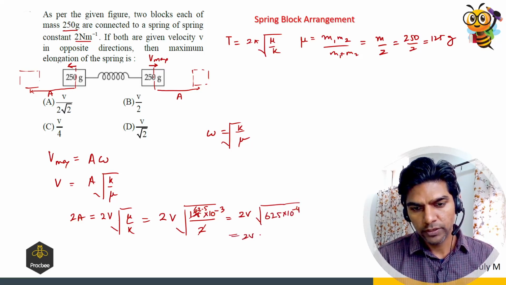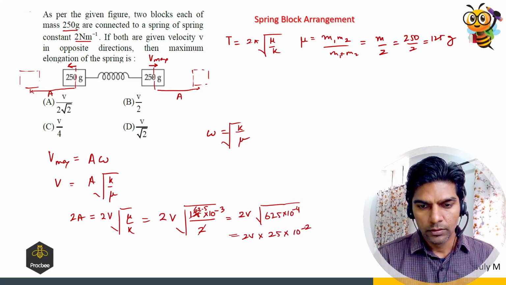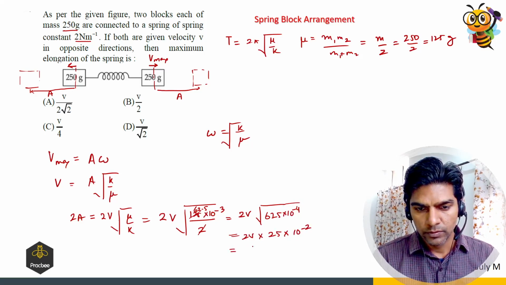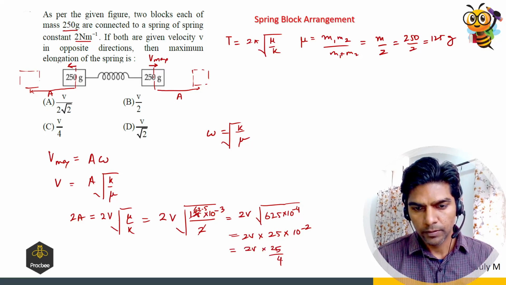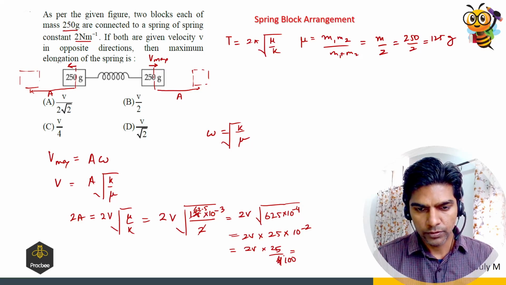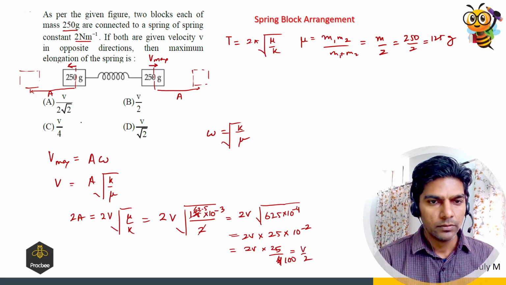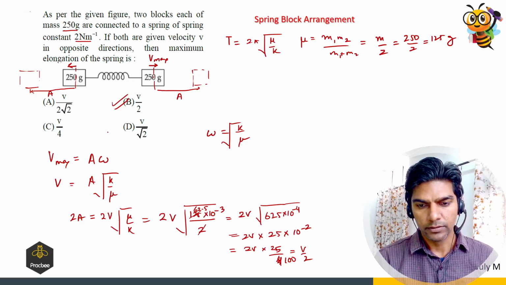Which will be 2V times 25 into 10 raised to the power minus 2. So this will be 2V times 25 by 100. That will be 1 by 4, so V by 2. So option B is the right answer.